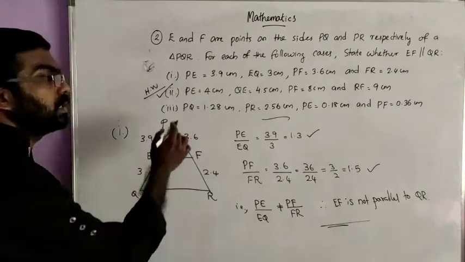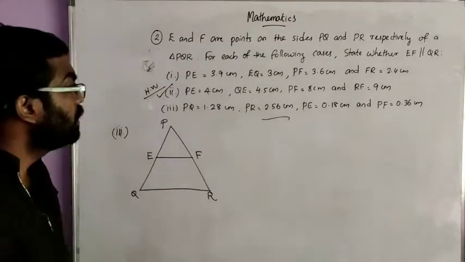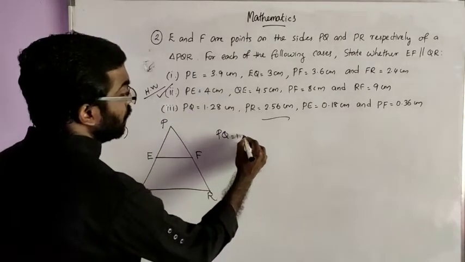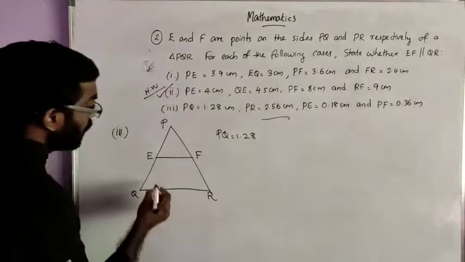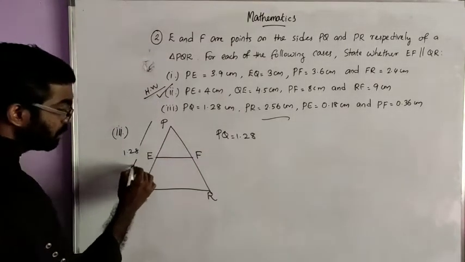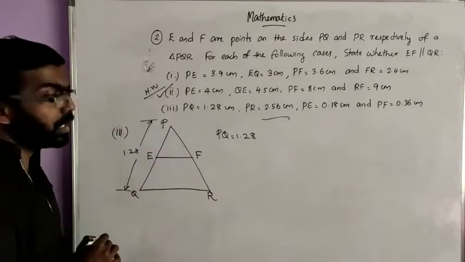Now we can discuss the third sub question. In the third sub question, PQ is equal to 1.28. That means the total length PQ is 1.28.